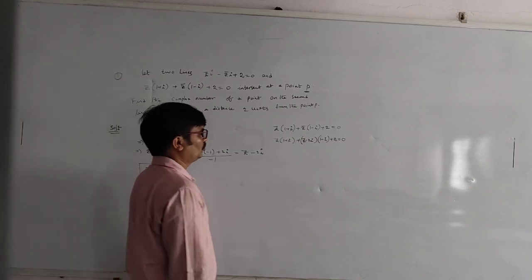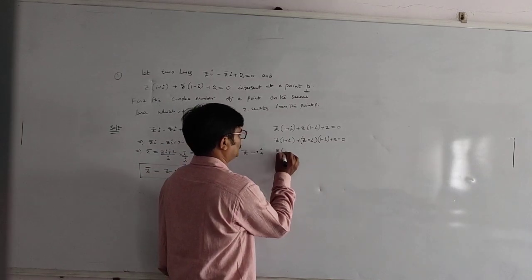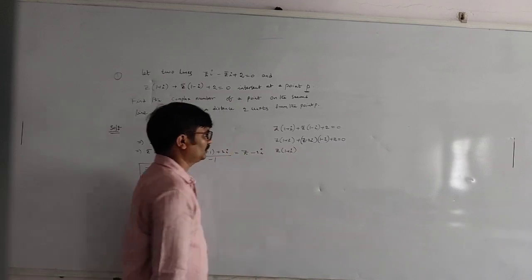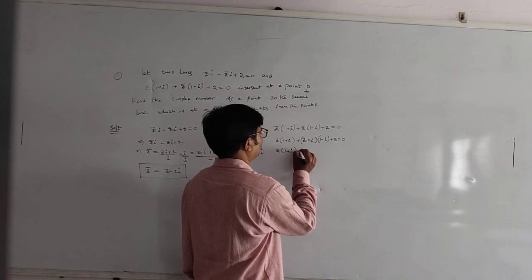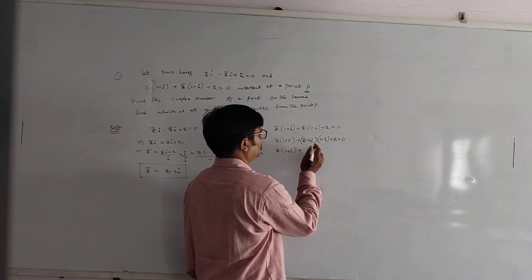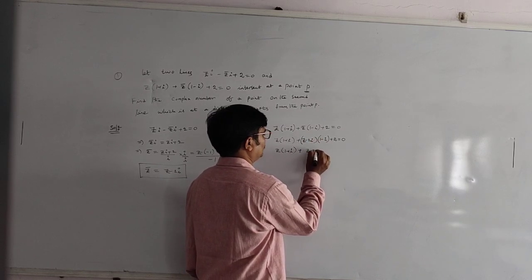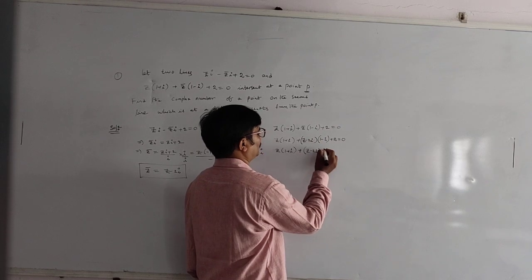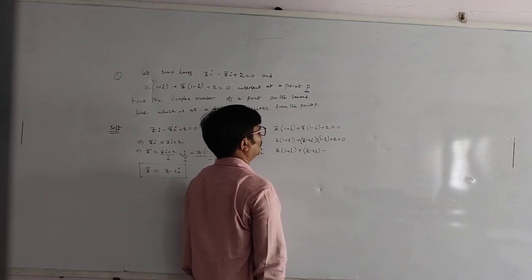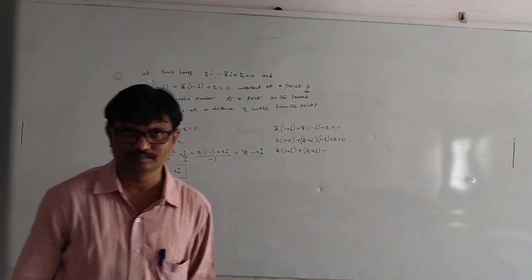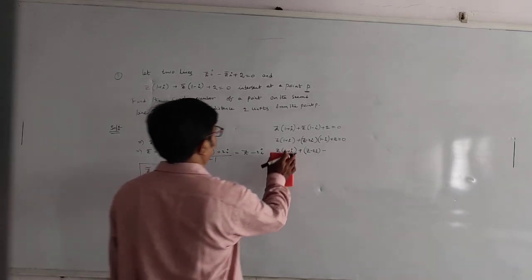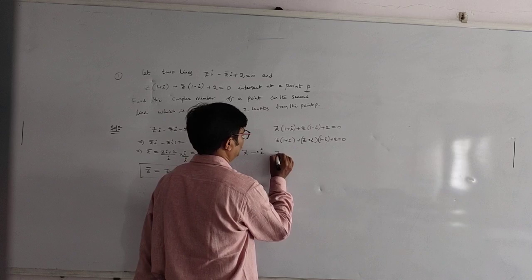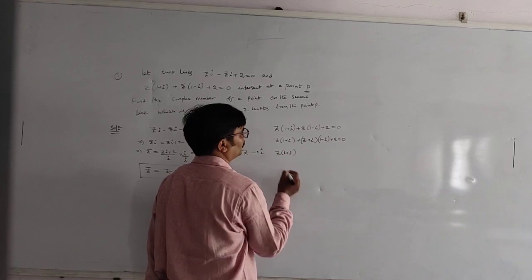Now, students, we can write this as z into 1 plus i. After that, we have to first multiply with 1, this is z minus 2i. So here first you can write z into 1 plus i.